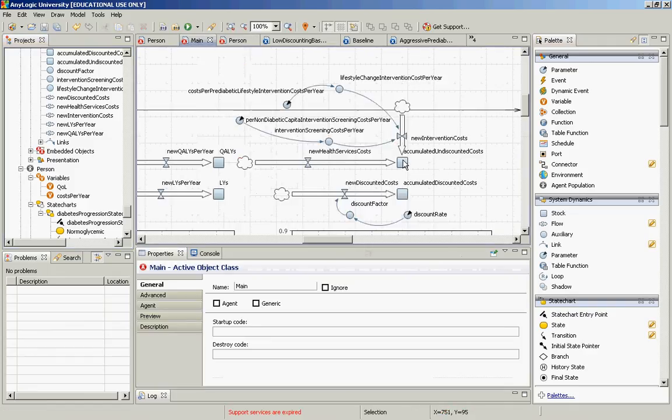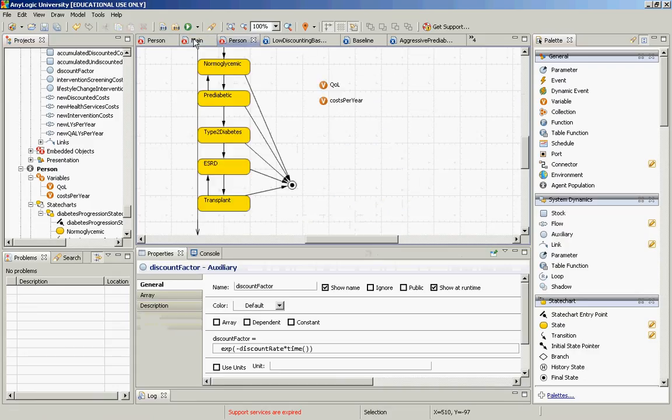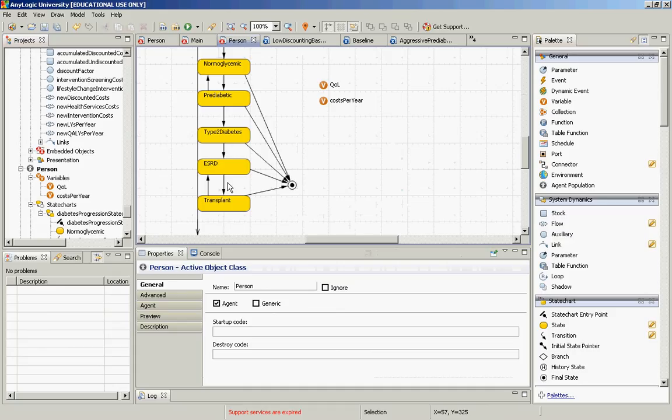Now, how about accumulated discounted costs? Well, we're going to need to take into account this discount factor. We're going to need to multiply it there. So we can do basically the same sort of thing. There's prettier ways to do this, but from a didactic perspective, I just want to draw attention to the idea.